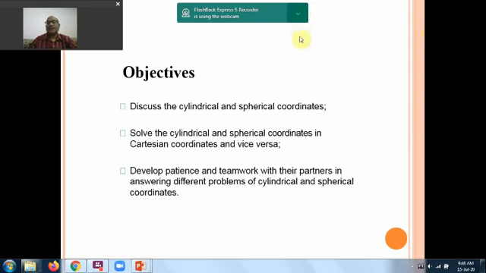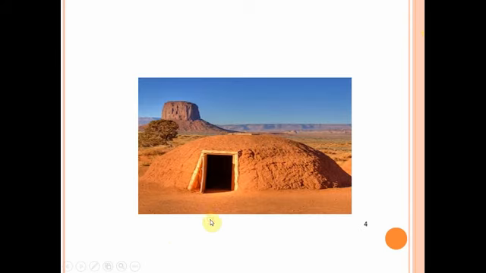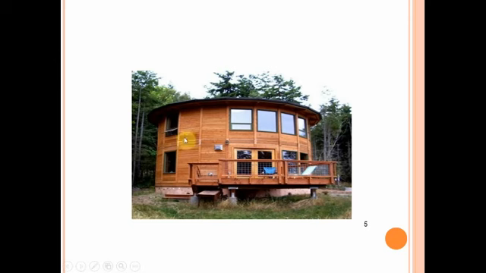So you can understand where we can actually use all these things. Over here, the dome is a kind of half spherical structure, and this house is a kind of cylindrical structure.